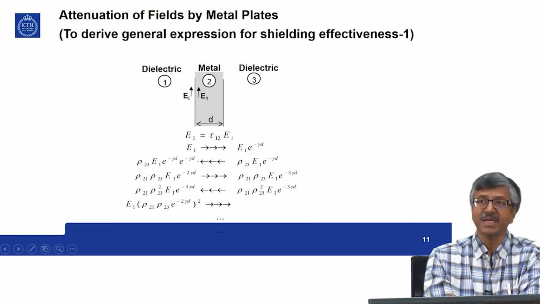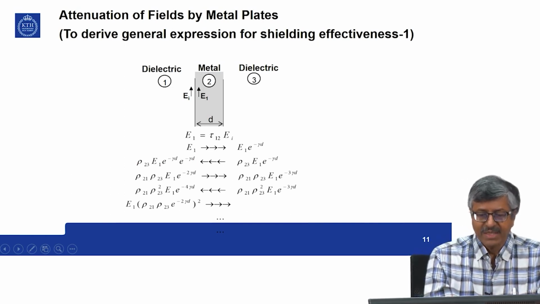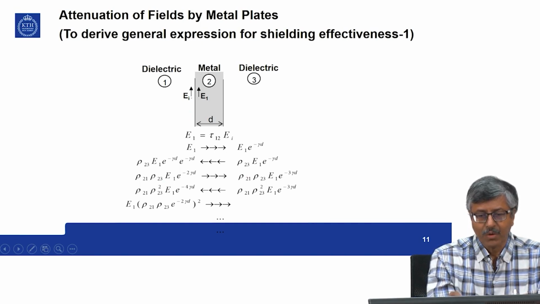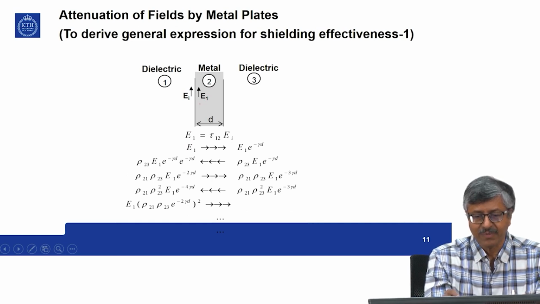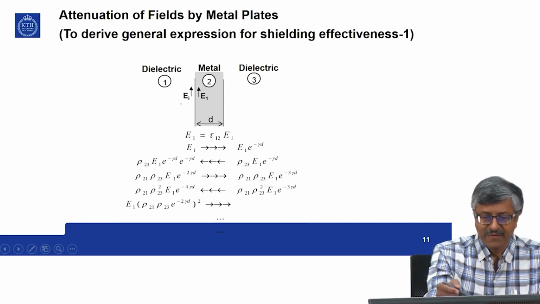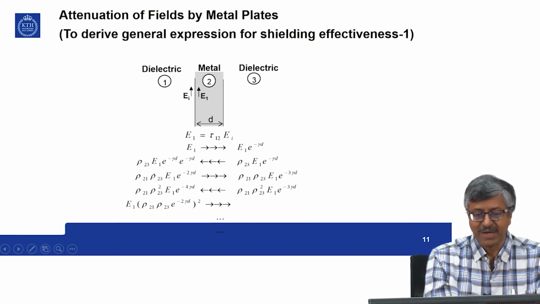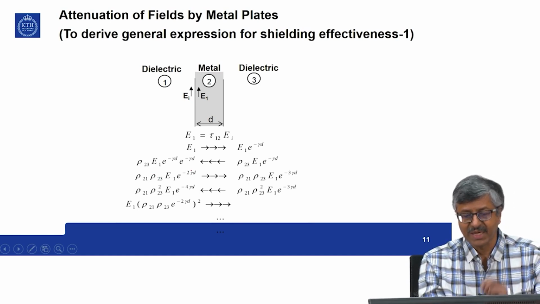Now, it is getting propagated. By the time it reaches over here, this has to be multiplied by e to the power minus gamma d, because you have attenuation here. Now, it is getting reflected from there, so you have to add the reflection coefficient rho 21. The wave is coming from boundary 2, getting reflected at boundary 1, so rho 21 is multiplied with the wave going in this direction.